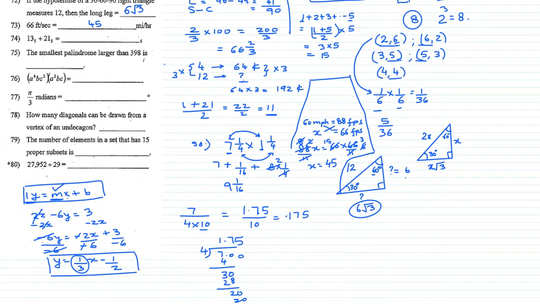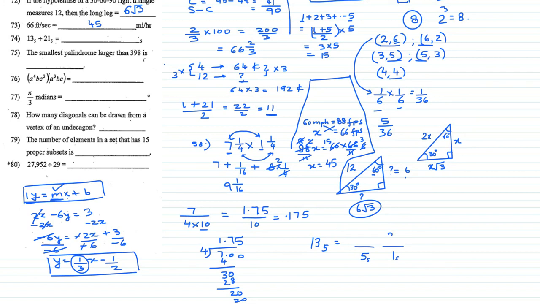Question 74. 13 base 5 plus 21 base 5 is equal to what number in base 5? One way to do this is to convert each of these numbers into base 10 and then add them, and thereafter convert the number into base 5. 13 base 5 is nothing but, here we have the ones number and over here we have the fives number.